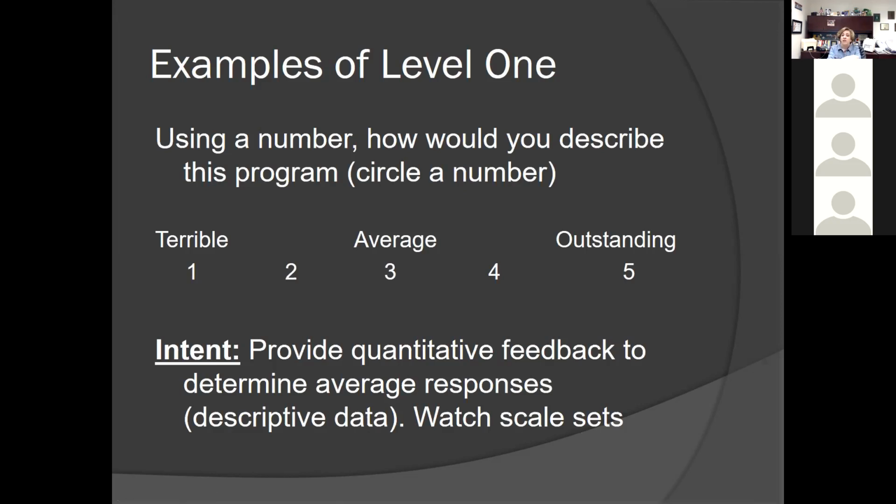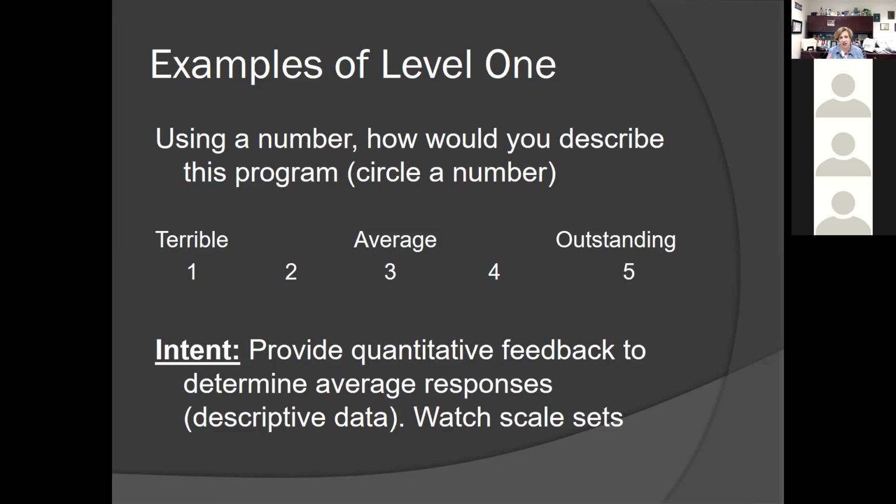One thing I do want to caution people about is watching your scale sets. If you go to do something like this, you can always run an evaluation tool by myself, or you can run it by Brian, if you want to practice putting one together. One of the things that I learned in my graduate program is you should never start with your lowest number and go to your highest number.